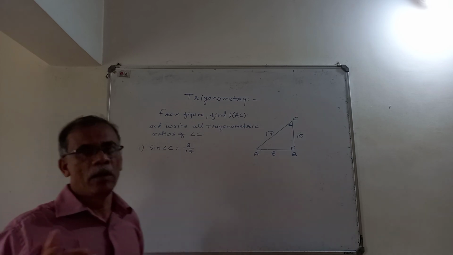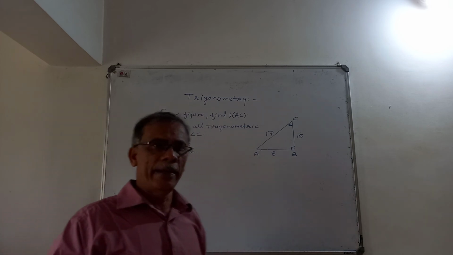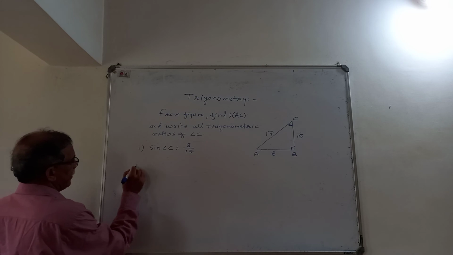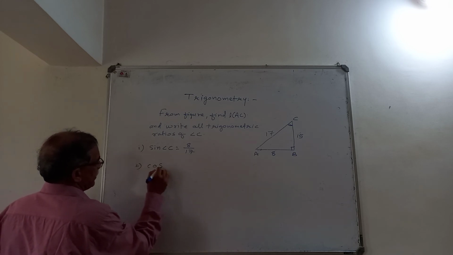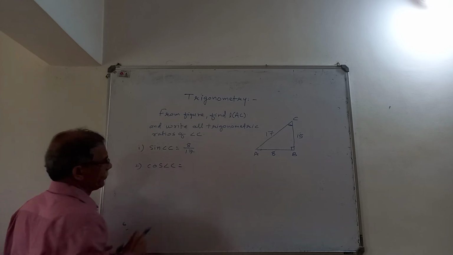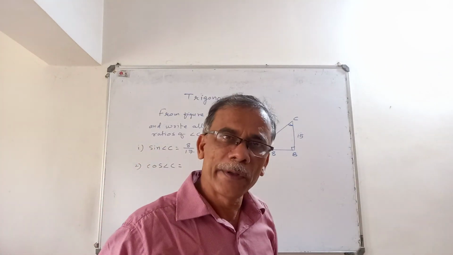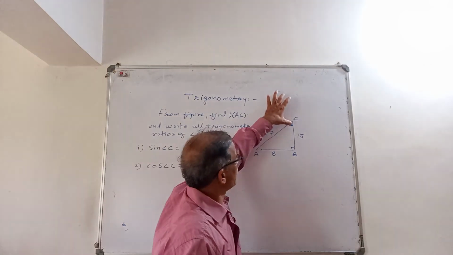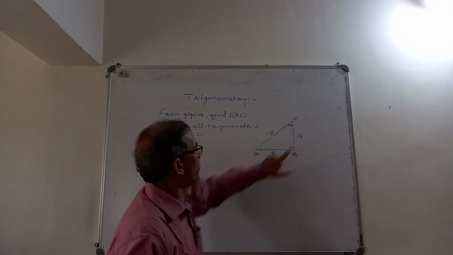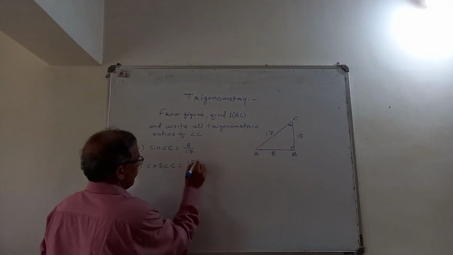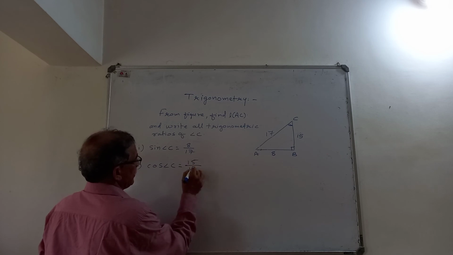I am not writing O by H like that. Okay? Then second, cos angle C. Which side upon which side? Adjacent upon hypotenuse. So for C, which is adjacent? CB, which is how much? 15. Upon hypotenuse how much? It is 17.